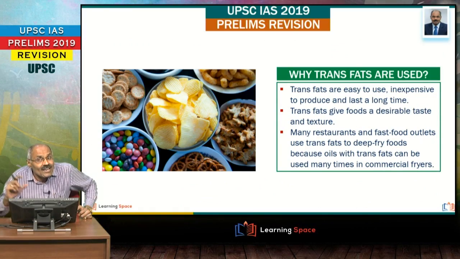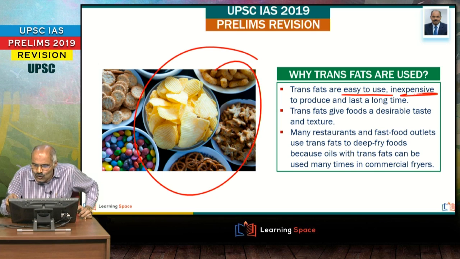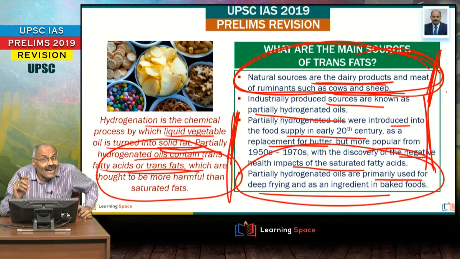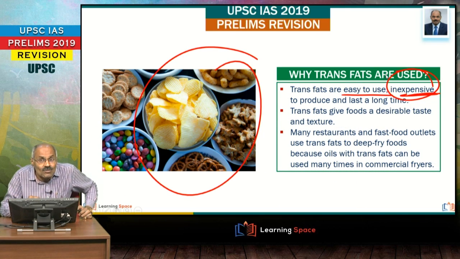Right? And have a glance at it. Why they are used, why they are promoted. Here trans fats are easy to use and they are less expensive. Please don't forget, hydrogenation is the process, and here the vegetable oil is converted into this solid fat, and they are inexpensive, or you can say cheaper to produce, and they last a long time.